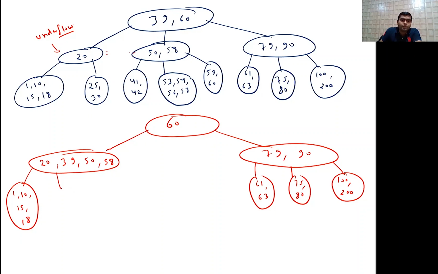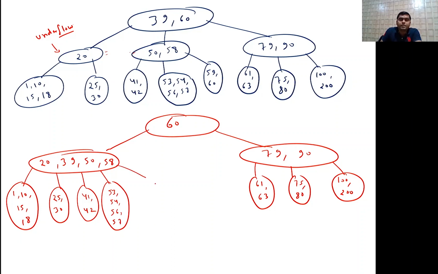Between 39 and 50 comes 41 and 42, and in between 50 and 58 there are four elements: 53, 54, 56 and 57.